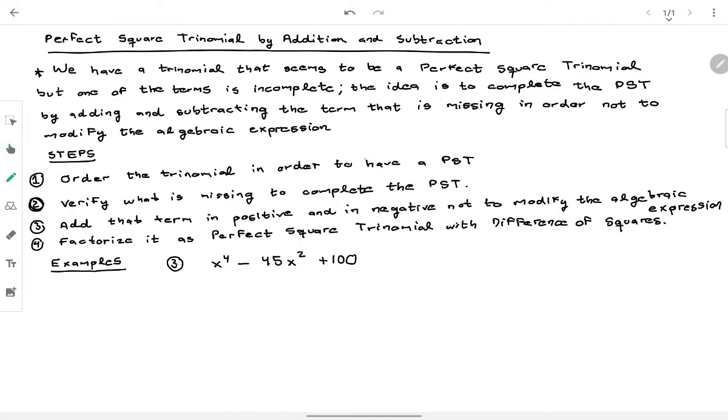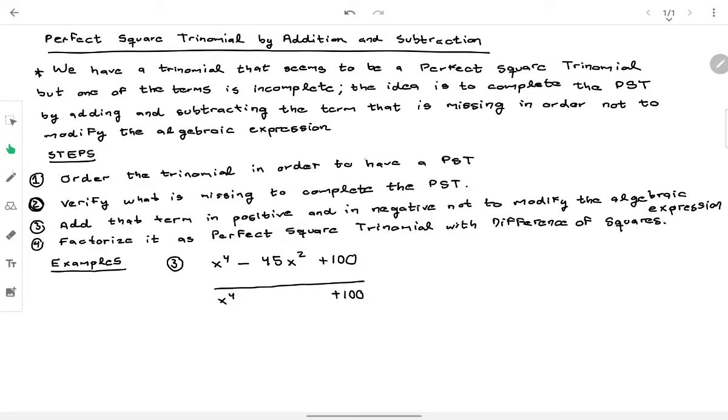So in this third example, also we have a trinomial. Remember, we need to convert that trinomial into a perfect square trinomial. So in this case, I know that it's going to be x to the 4 plus 100. So how to know the middle term? Remember, it's going to be the multiplication of this square root 2 times. So it's going to be 2 that multiplies x squared that multiplies 10.